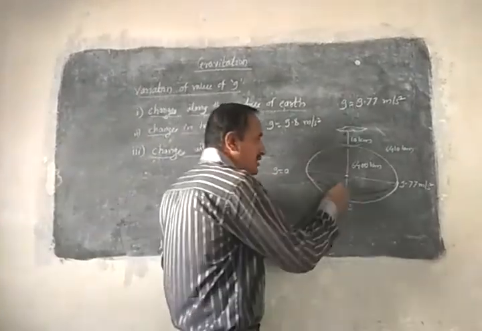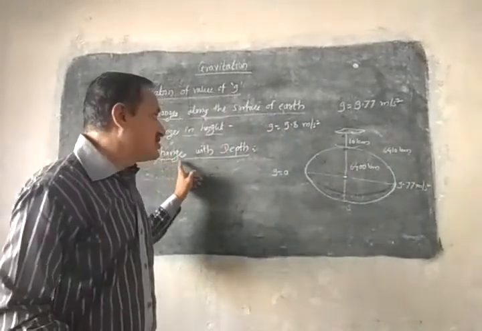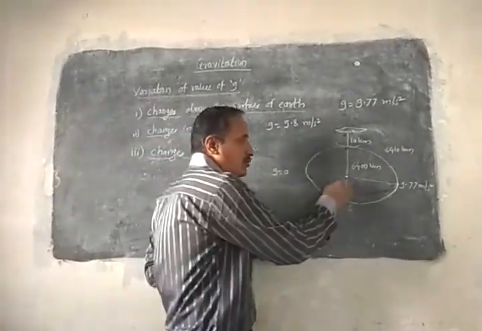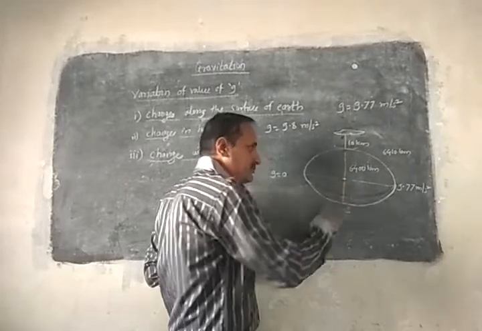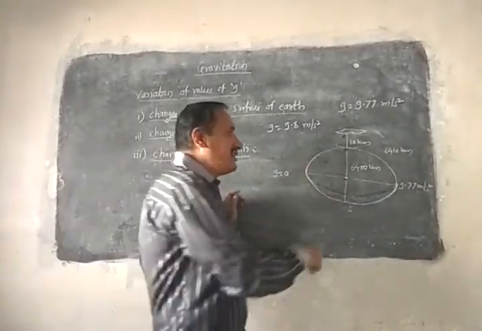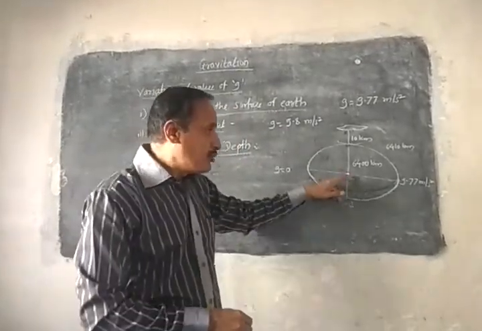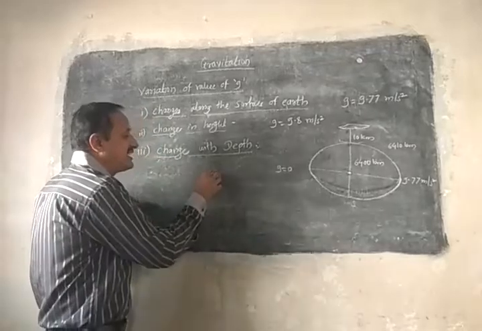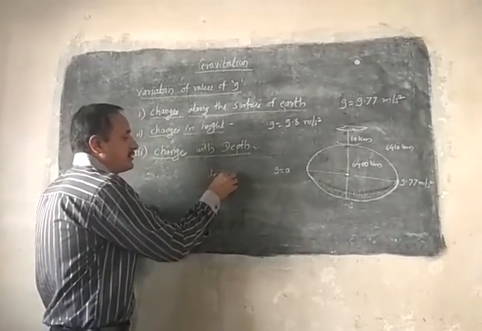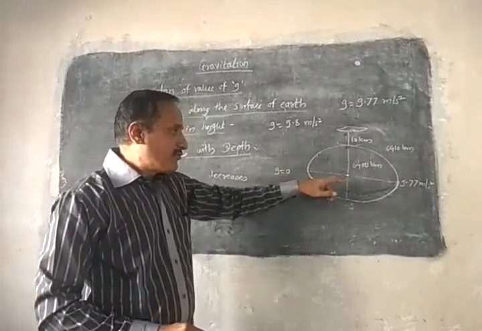Now again we have taken the object below, that's why we said changes with depth. If the object is taken down to a depth, again the value of g decreases.